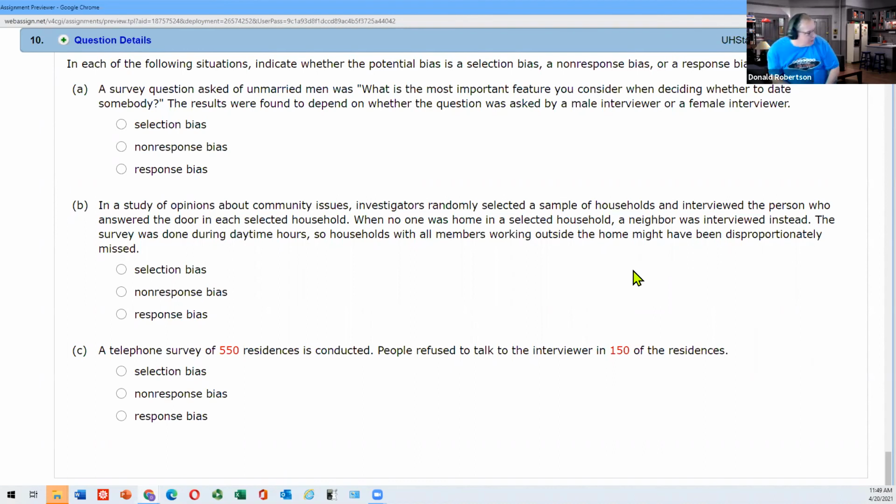So here we go. A survey asked an unmarried man, what is the most important feature you consider when deciding to date somebody? The results were found to depend on whether the question was asked by a male or a female.